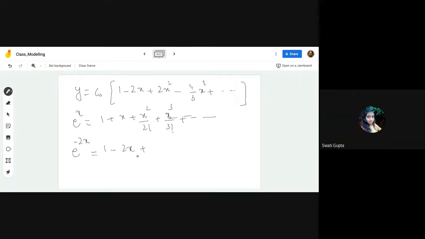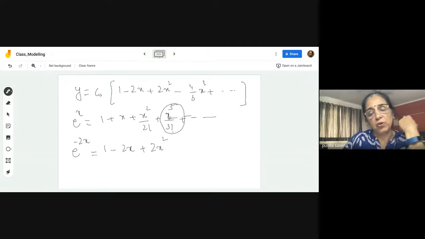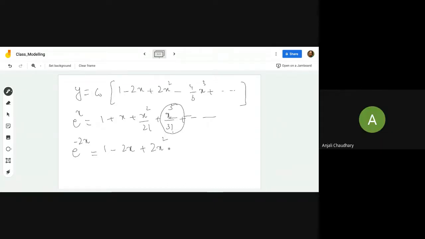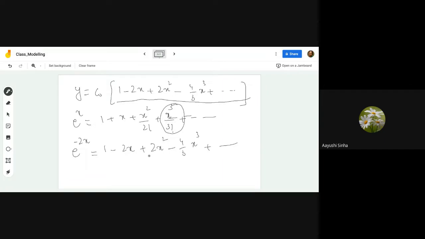Then the next one: instead of x cubed by 3 factorial, when you replace x by minus 2x, what do you get? Minus 4 by 3 x cube, and so on and so forth. Isn't it this series? Yes, ma'am.